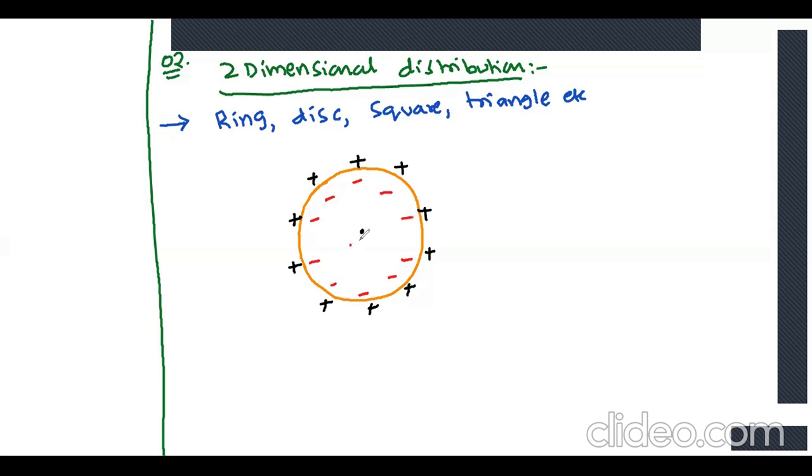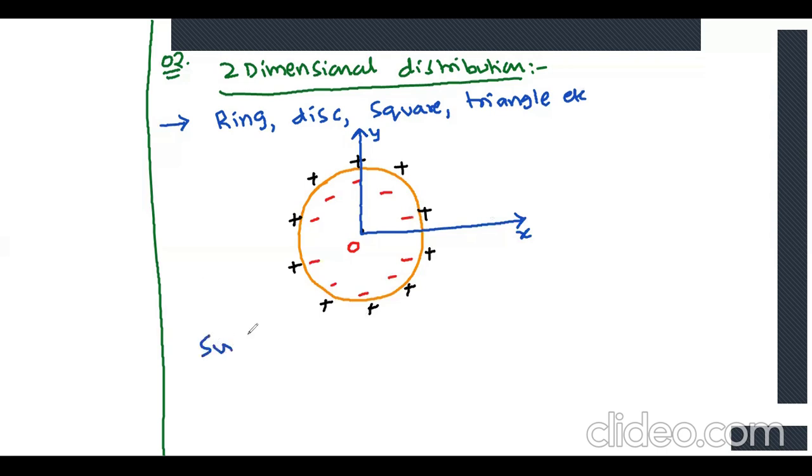With respect to the center, I will construct a Cartesian coordinate system, with x-axis and y-axis. Every charged particle will distribute its charge along the x-axis and y-axis.